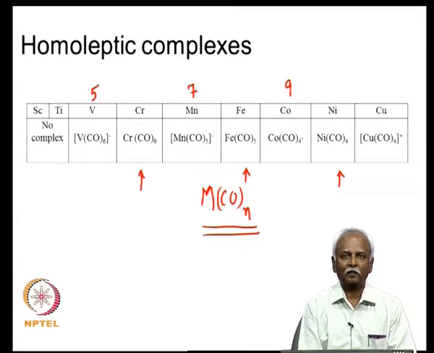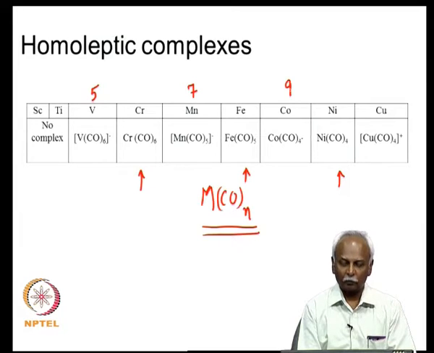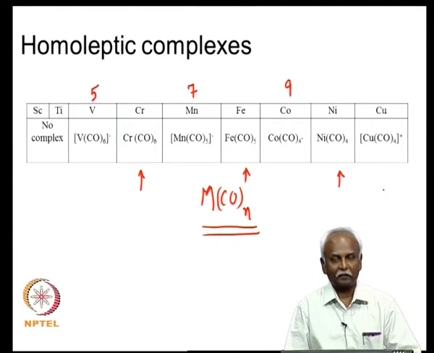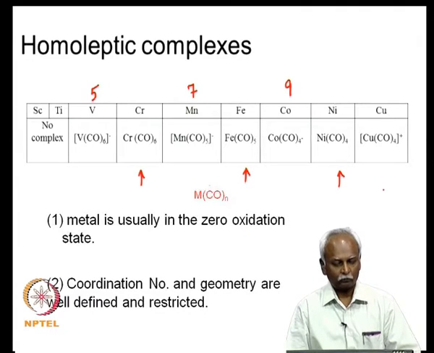This is a rather strange incidence because metal is usually considered an electropositive element, so one would not expect it to form a negatively charged species. This is one of the first factors that we have to take into consideration when we look at the chemistry of transition metal carbonyls. There is one exception here, which is copper, and we will try to explain that as time goes on.